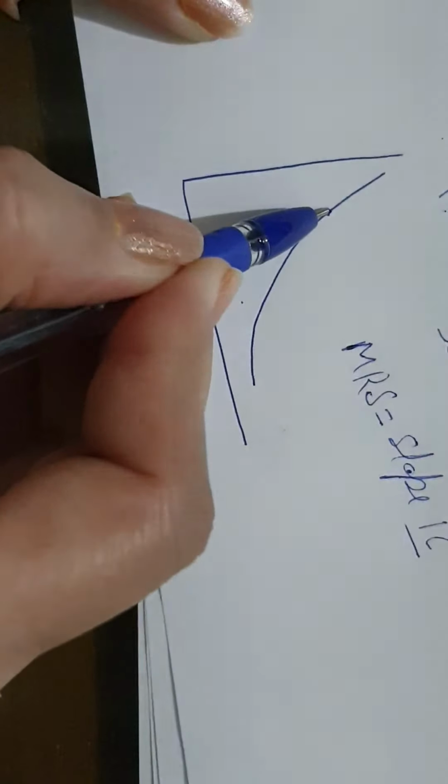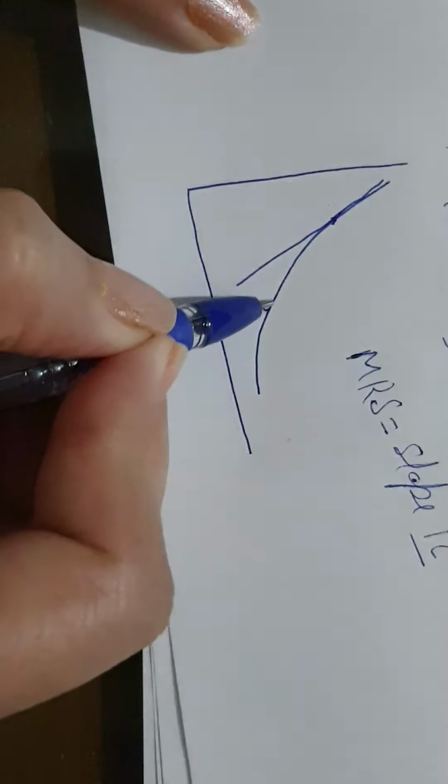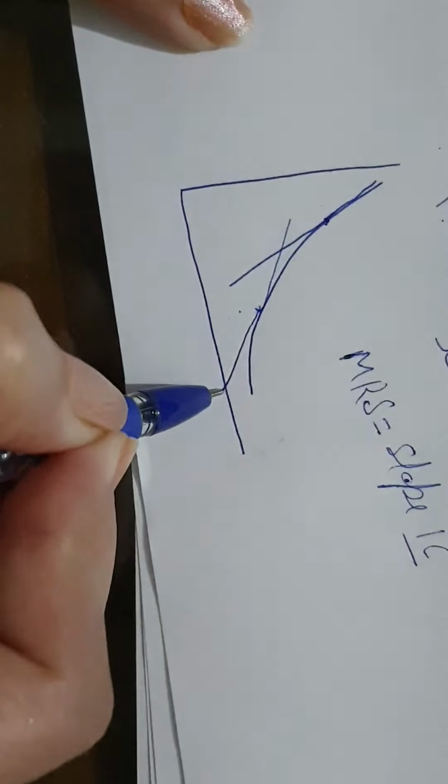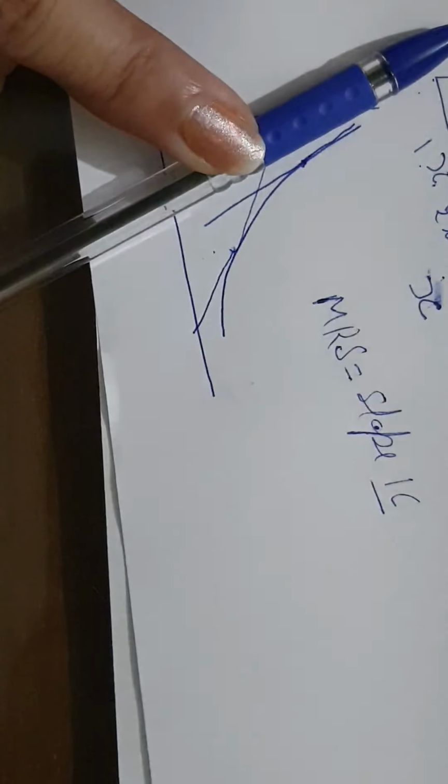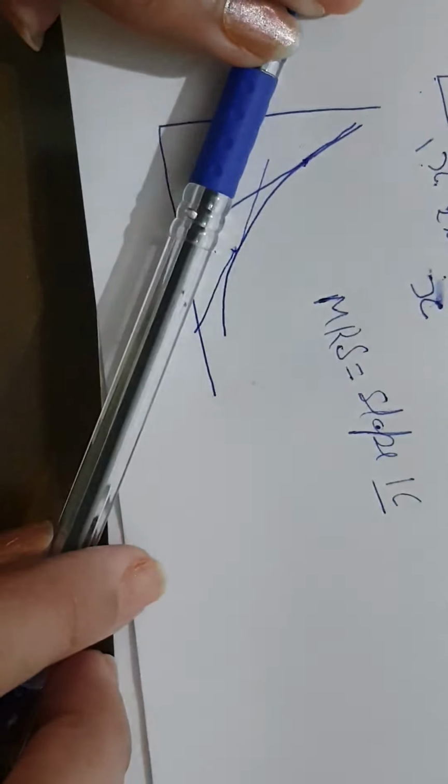We will compare the slope at this point and at this point. If we draw a tangent here and also at this point, you can compare the slope. Slope is more on this line and slope is less on this line.